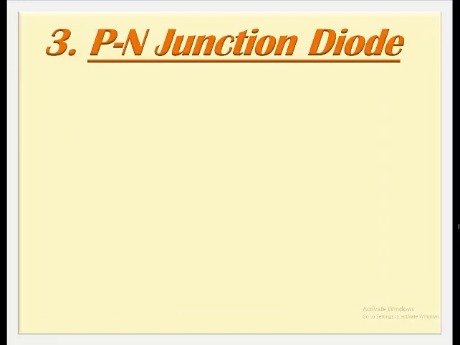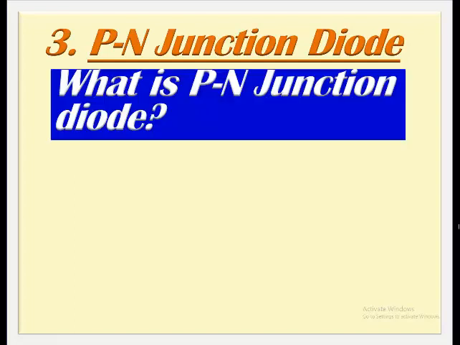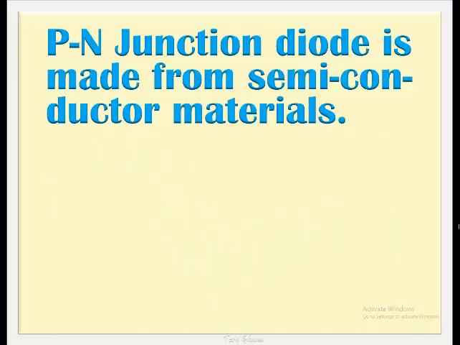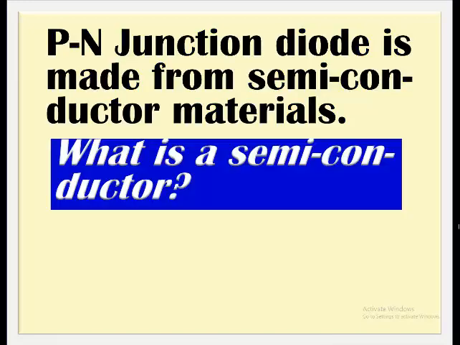3. P-N Junction Diode. What is a P-N junction diode? The P-N junction diode is an electronic device, which allows current to flow in only one direction. P-N junction diode is made from semiconductor materials. What is a semiconductor?